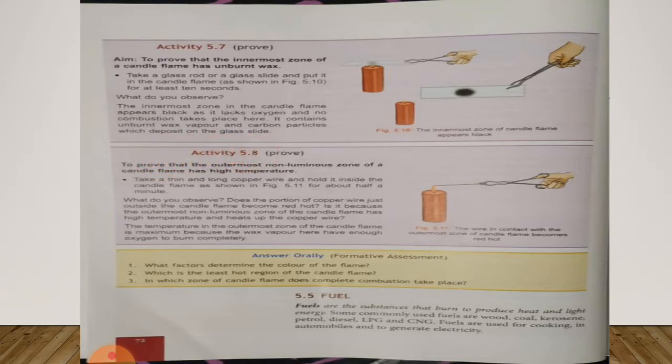So we have seen in activity 5.7 that the innermost zone of the candle flame is black in color and lacks oxygen. Combustion does not take place here. In this zone, there are unburnt vapor and carbon particles deposit on the glass slide.